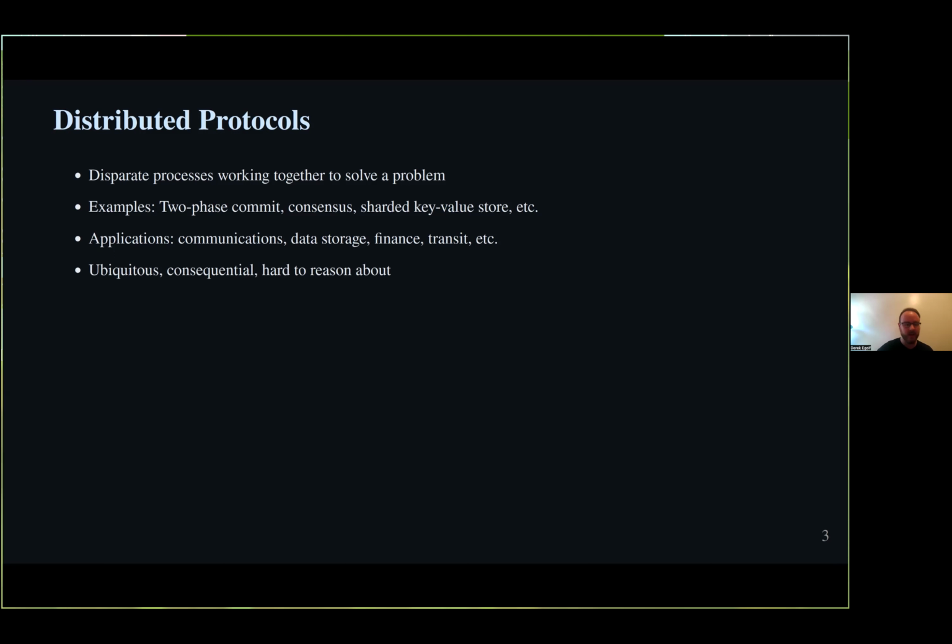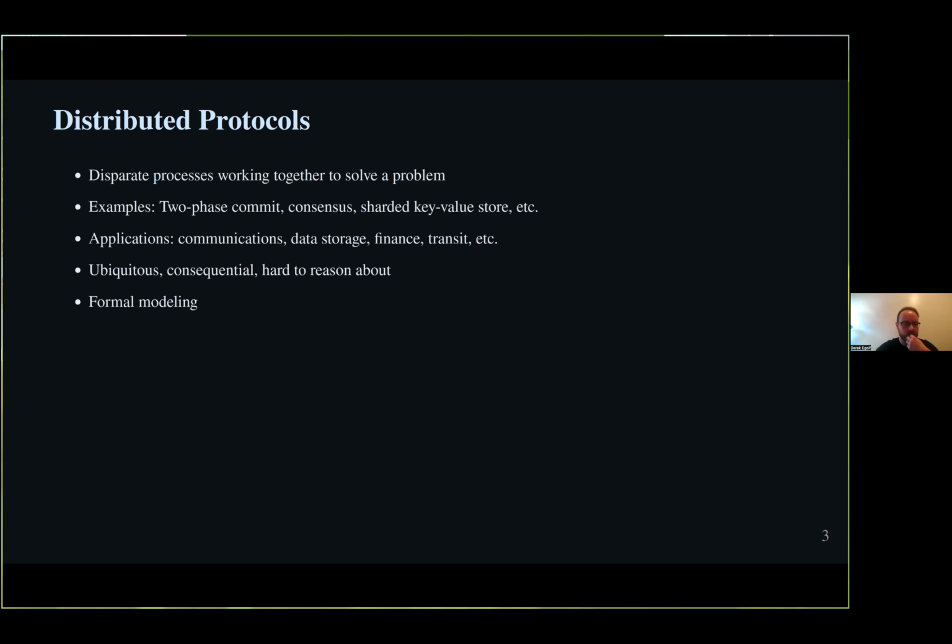They're everywhere. They back a lot of very important systems. So when they go wrong, people can't talk to each other. They can't stay in touch. Data is lost. People lose money. And, in the worst case, people could die if the distributed protocol on the back end of an airplane doesn't work properly. And despite all of this, they're really hard to reason about.